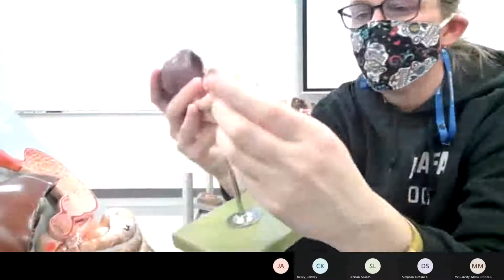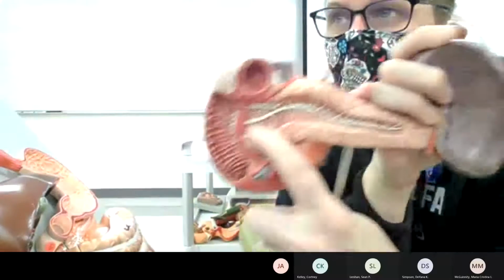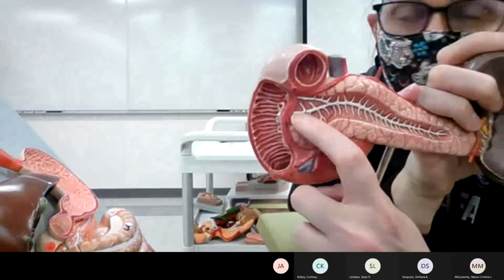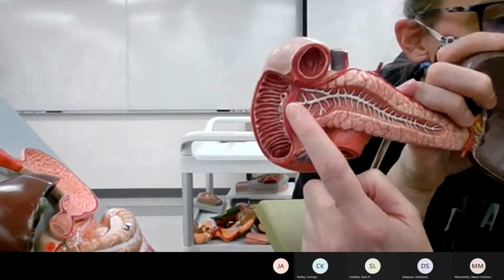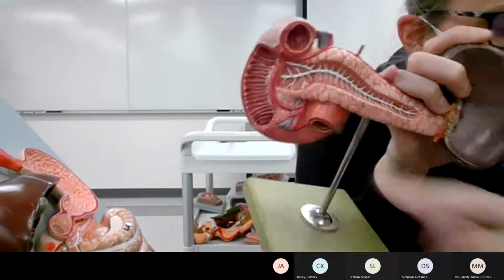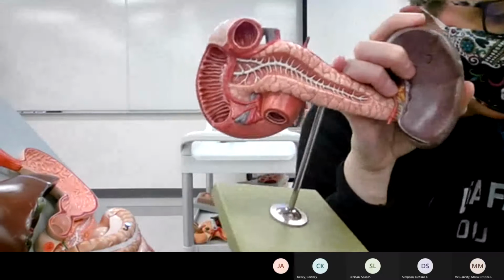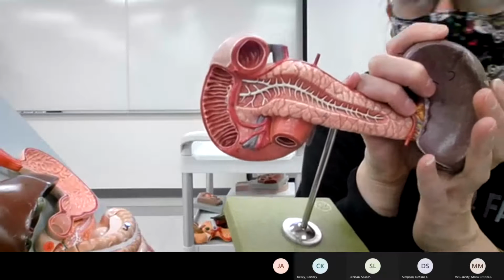And that common bile duct is going to join with the major pancreatic duct, and they are going to push secretions to the small intestines in the duodenum through the common doorway. Okay? And that common doorway, if I remember correctly, is your hepatopancreatic sphincter.